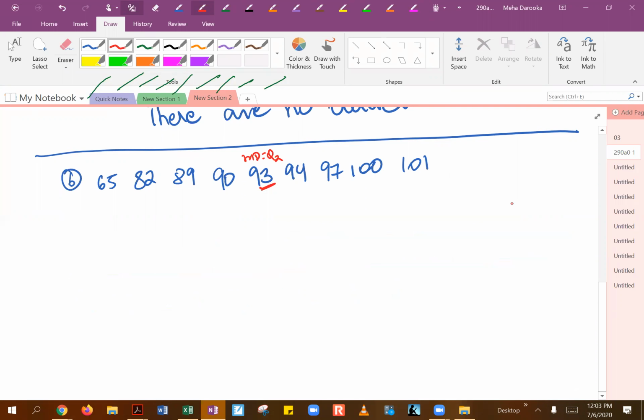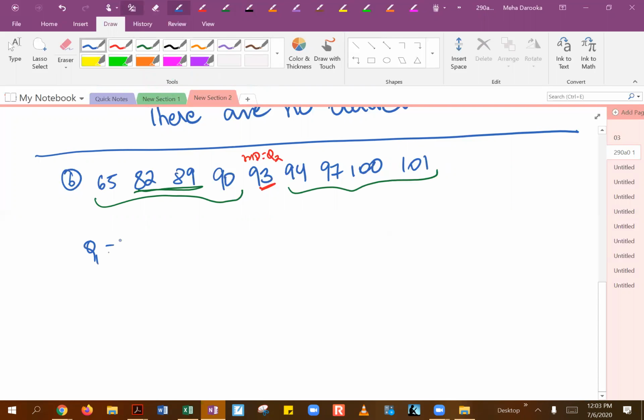Okay, let's see. Lily, you've got 85.5 and 98.5. Okay, so that means you're looking at the first 4 and the last 4 for your quartile 1 and quartile 3. And then, of course, for quartile 1, we would have to take the average of 82 and 89, divide that by 2, which is giving us 85.5.